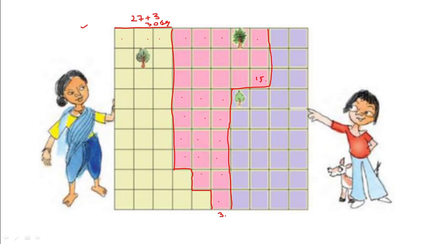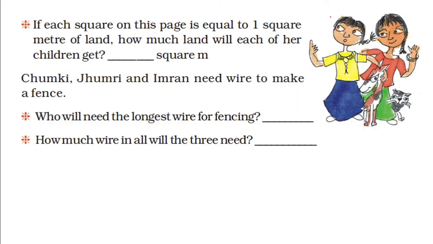So the second part is also 30 square meter and the third will also be 30 square meter, because total is 90. Okay. Now see, if each square on this page is 1 square meter of the land, how much land will each of her children get? 30 square meter.